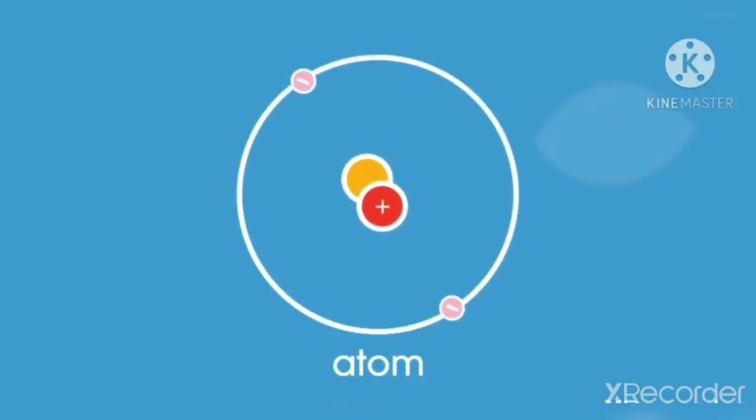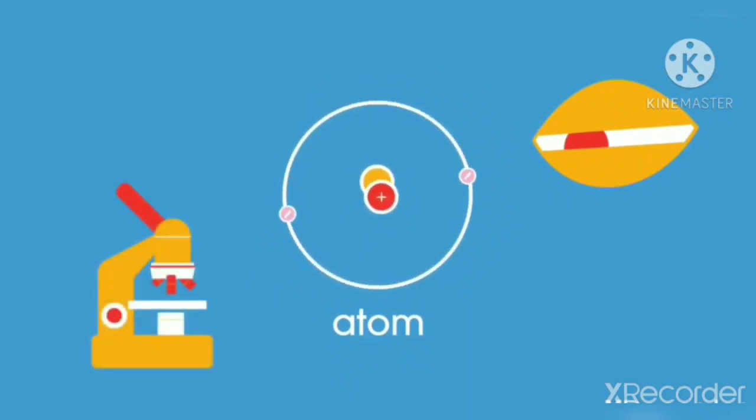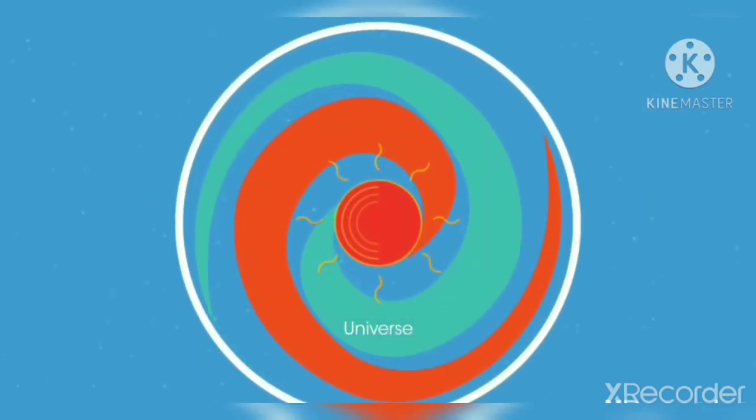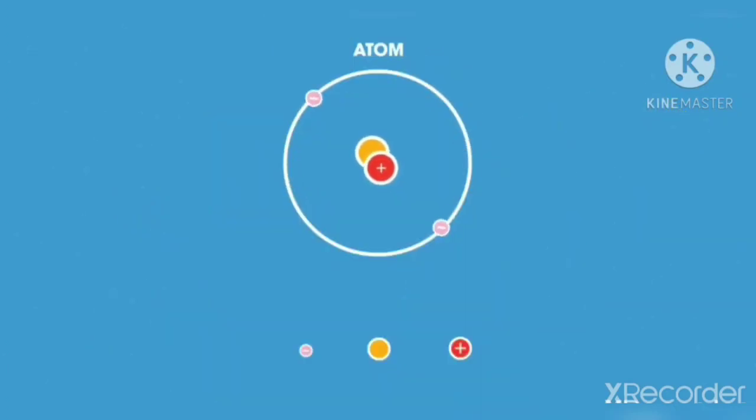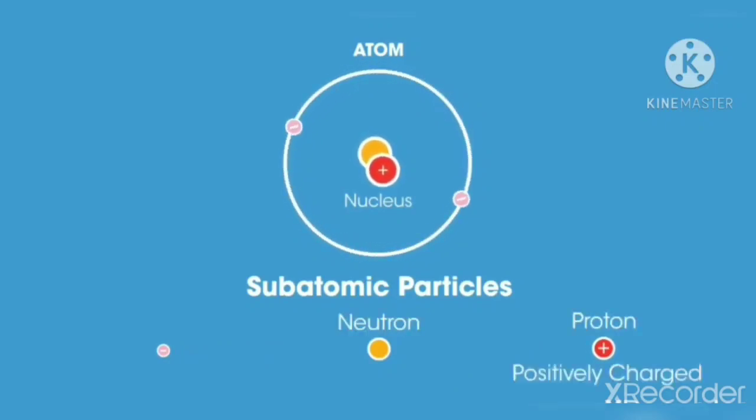Let us see in brief what we learned today. Atom is a tiny particle we can't see with the naked eye. Scientists use powerful microscopes. Everything that exists in our universe is made up of atoms. Atoms are made of subatomic particles. An atom consists of a central nucleus that contains protons and neutrons.